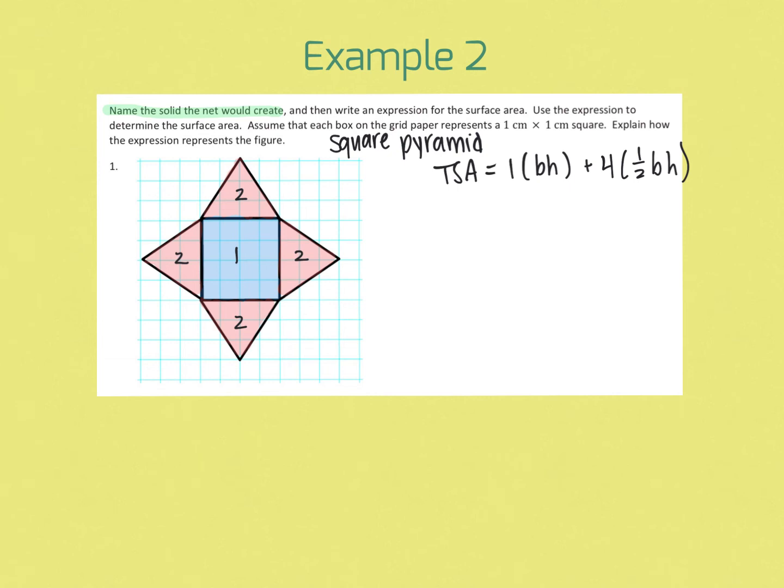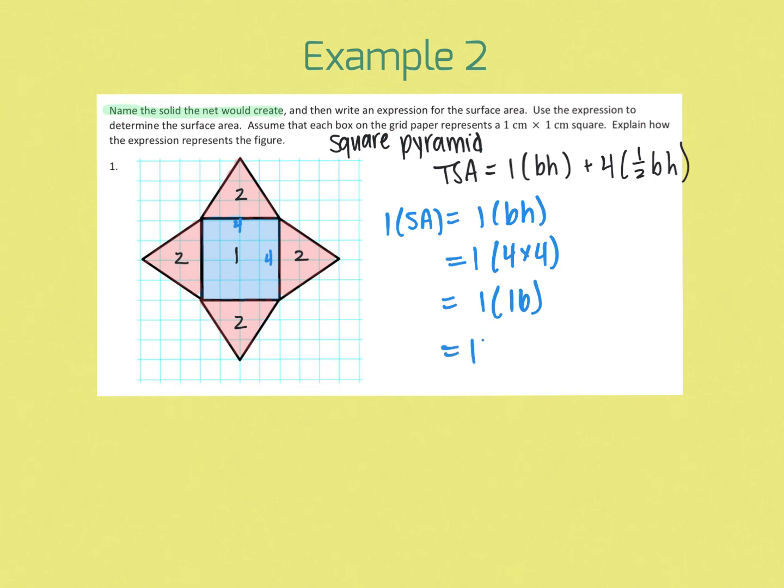So first we see that it is 4 by 4 centimeters. So 1 times the surface area equals 1 times base times height. So 1 times 4 times 4, which equals 1 times 16. So that is 16 square centimeters for the square base.